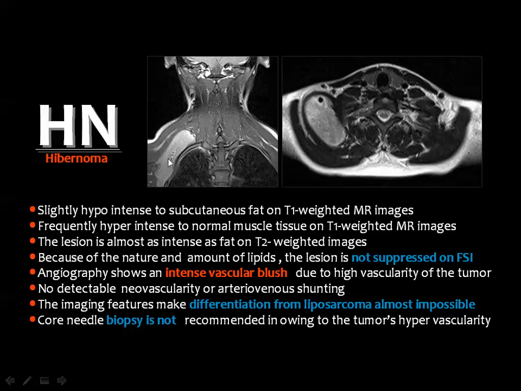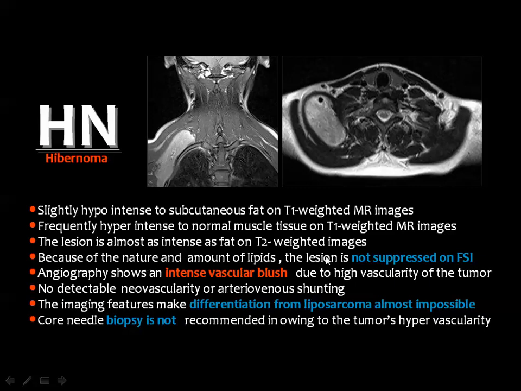This fat is brown and is not as high signal as the subcutaneous fat, and is frequently hyperintense to the normal muscle tissue in the T1 weighted image, and this is usual for both lipoma and hibernoma. The lesion is almost as intense as fat on T2 weighted image, and in the T2 weighted image, the lesion may be similar to the subcutaneous fat.